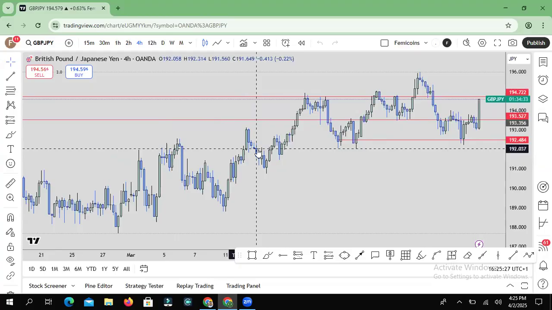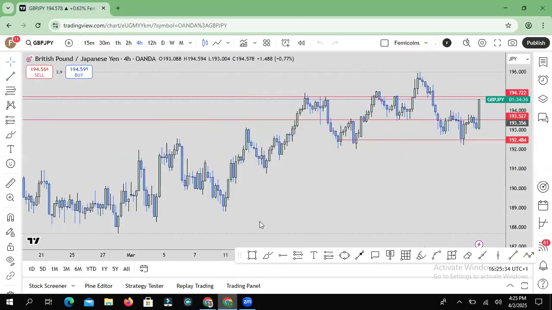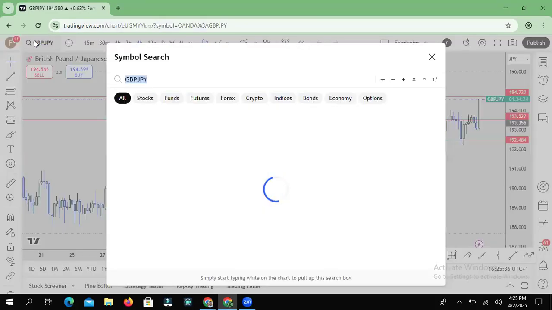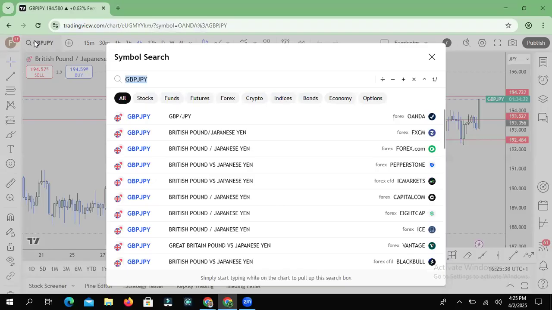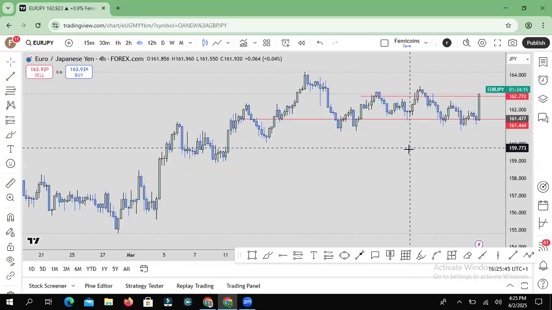I've been using Euro USD as an example all this while, so I want to use a totally different pair for backtesting now. Let's use Euro JPY.